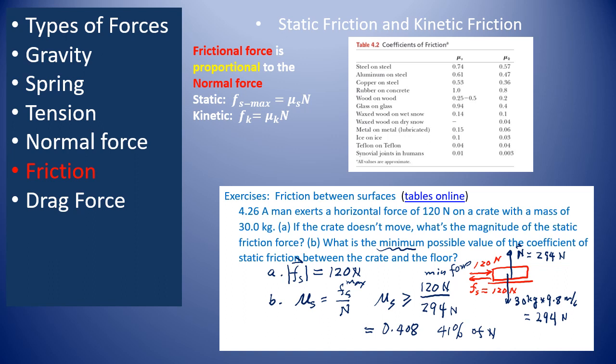If you apply 122, for example, the friction may be overcome. So the minimum possible value of the coefficient of static friction is at least 0.4. The actual one we don't know exactly, but we know it's bigger than 0.408. Hope this is helpful, and we finish this chapter.